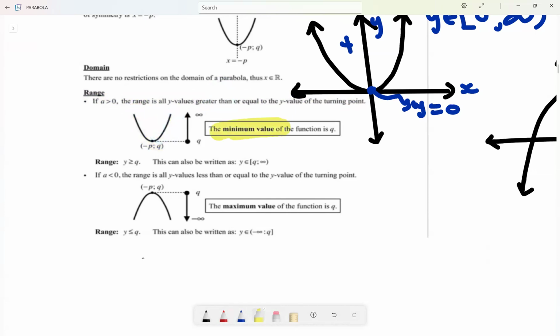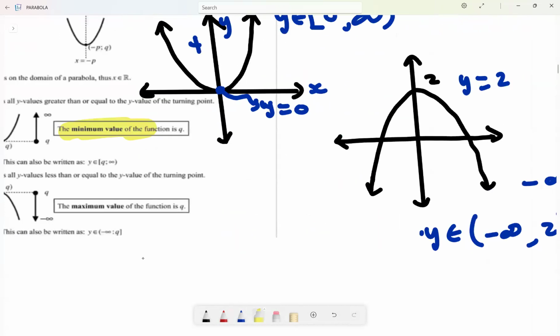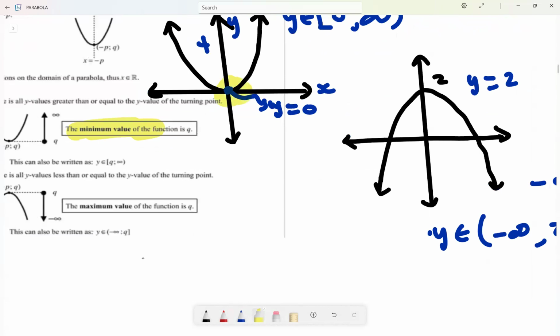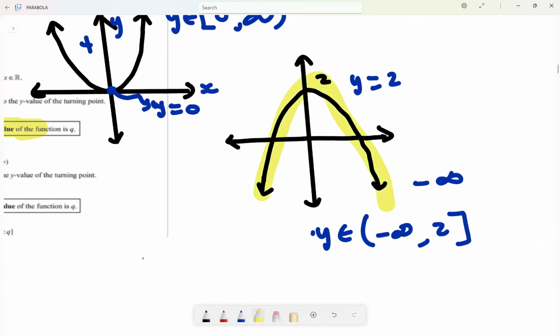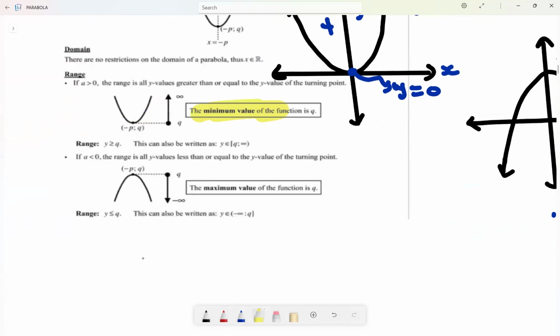Therefore, it has a minimum value. Here it has a minimum value, then it goes to a maximum value, which we do not know. 0 is less than infinity. But here, when we have this, it has a maximum, because this value is a maximum like this. 2 is greater than negative infinity.